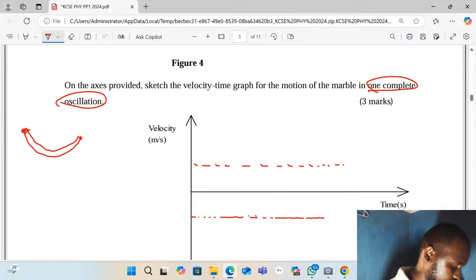Then I have a certain point here, like that.